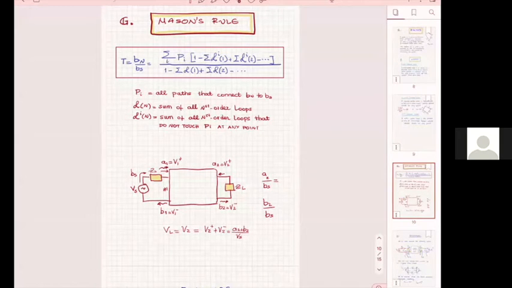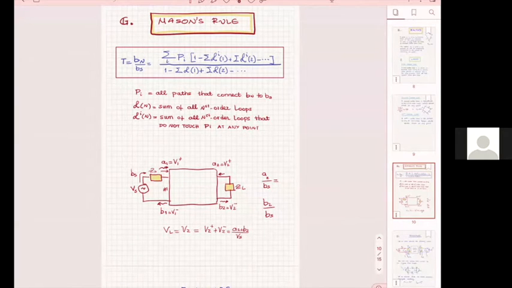I can find the value between any of the B's and A nodes in relation to the source node. All right, so I can find B sub n over B sub x, as long as the node in the denominator does not have any other nodes connected to it. All right, so you need to remember that.